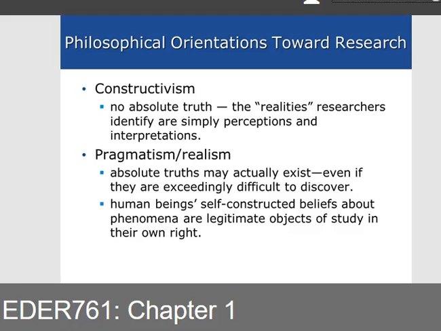Although the analyses might be objective, the interpretations, or even our measurement tools, may be somewhat subjective, so we take that into account. Pragmatism and realism look at it this way: absolute truths may actually exist, but human beings' self-constructed beliefs about phenomena are legitimate as well in their own right. So it's taking into account both of these perspectives into a more balanced whole.